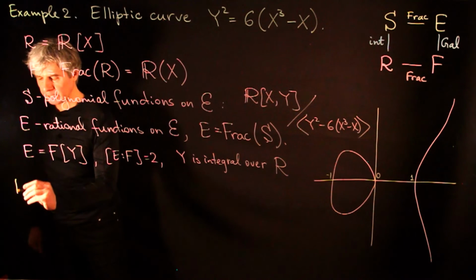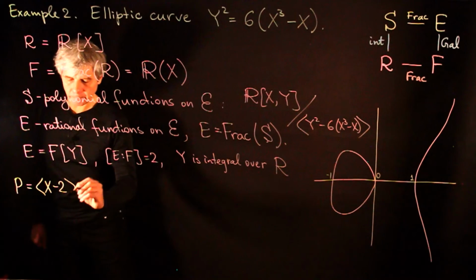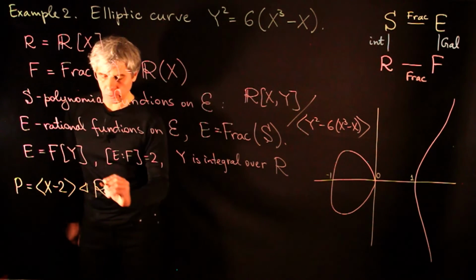Now first we consider an ideal P generated by x minus 2 in the ring of polynomials R of x.